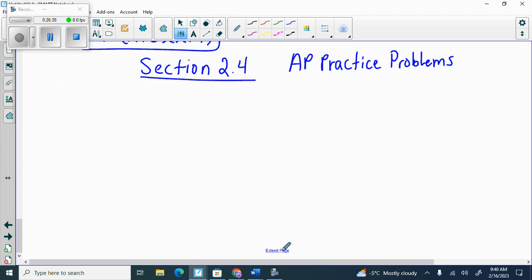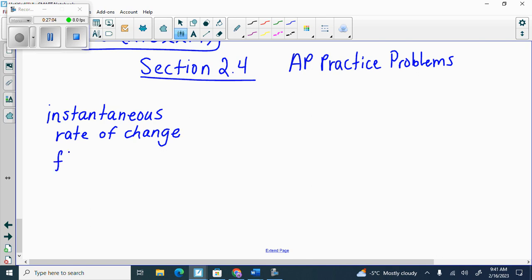Okay, AP practice problem. If I ask for instantaneous rate of change, we're going to write this down. Instantaneous rate of change is all that is the first derivative at that x value.